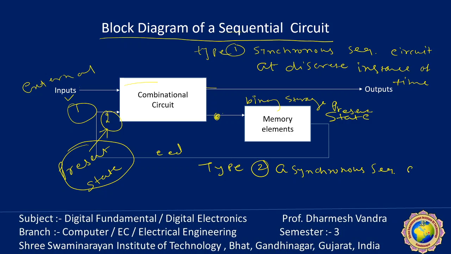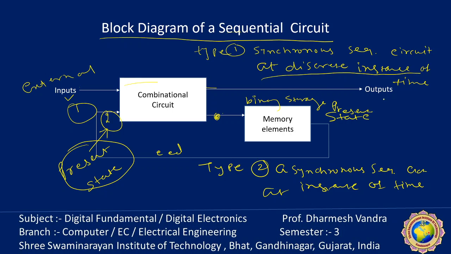In an asynchronous sequential circuit, the behavior depends on the order in which the input signals change and can be affected at any instant of time. Here, in the synchronous case, it is at a particular discrete time interval.